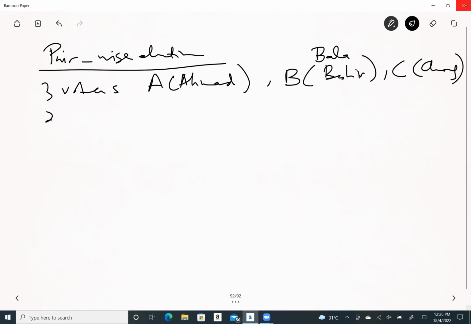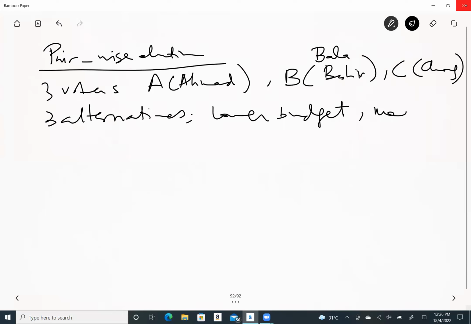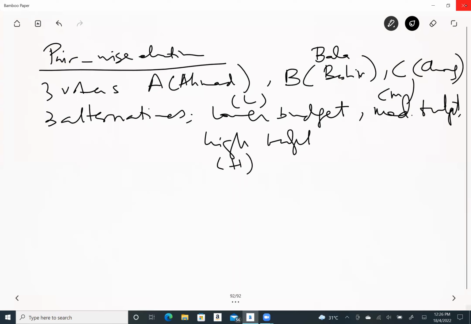3 alternatives, 3 choices. Okay, low budget, medium budget, high. So here L, M, H. So example, budget for school, okay?